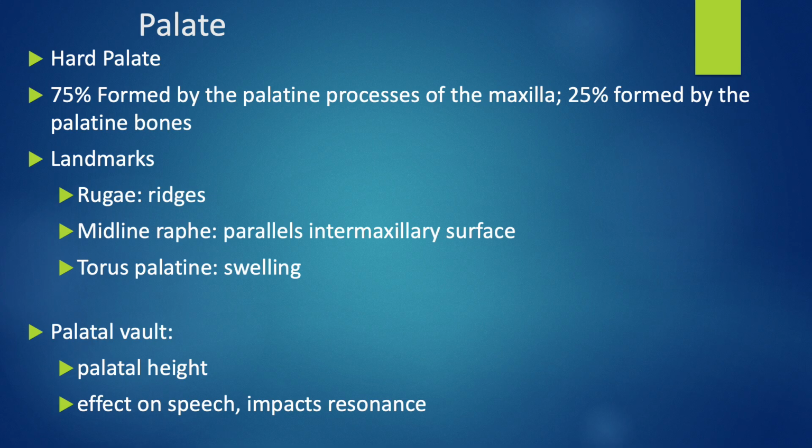Landmarks that we see on the hard palate are rugae, the midline raphe, and the torus palatinus. Some people have that in the center. The palatal vault can impact resonance, especially the palatal height. Some people have a very high, narrow palatal vault, and their speech sounds different than somebody who has a lower one.